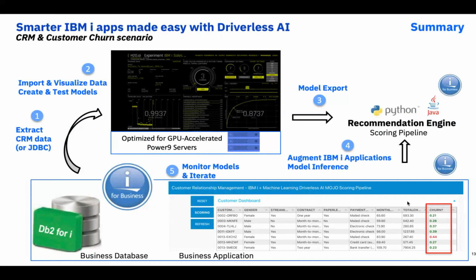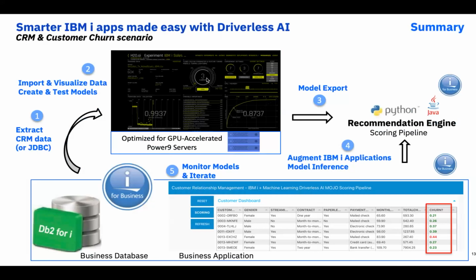And of course, at the end, I have to once in a while monitor and test the model from the Driverless AI GUI, and validate it, because sometimes the phenomenon I observe can change. I have to make sure that this model is still accurate.